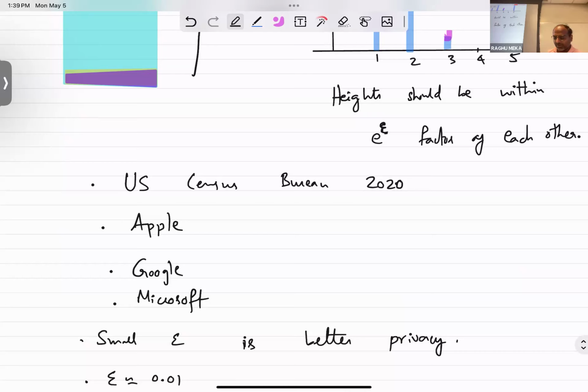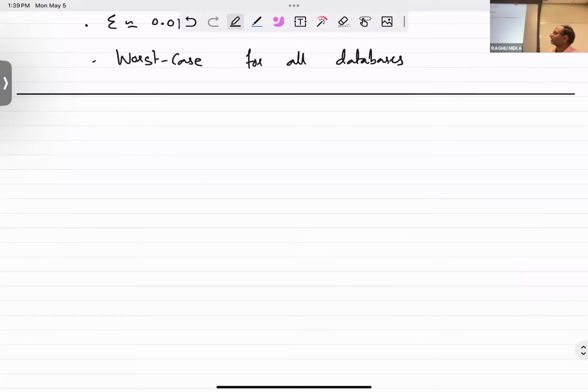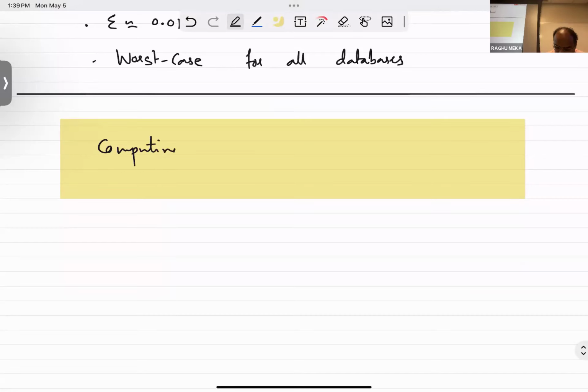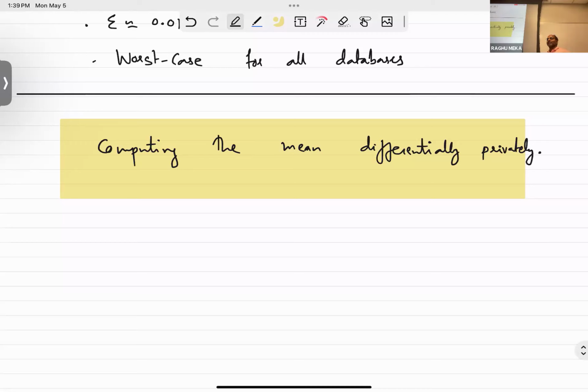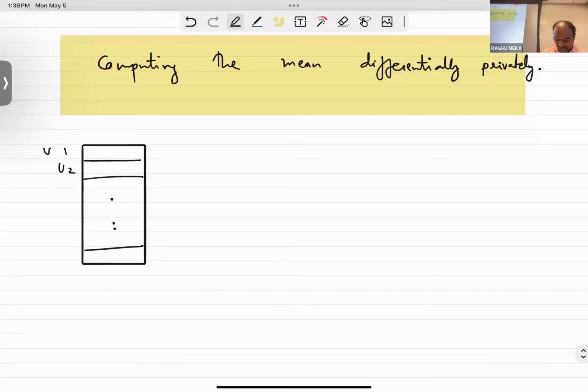All right. So now that we have a formal definition, or at least one formal definition, let's go back and ask how to implement just the basic one, which is computing the mean differentially. Now we have a model and a very precise algorithmic question. We have a database: user 1, user 2, all the way up to user n.